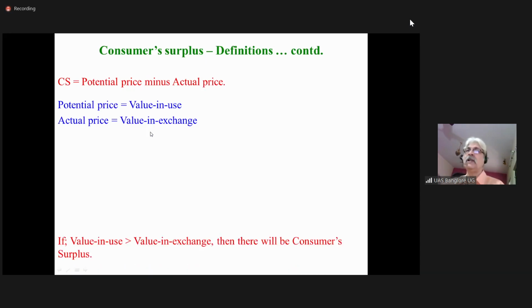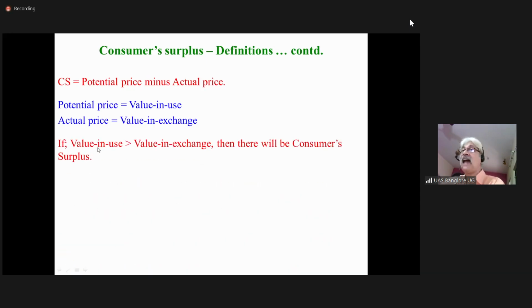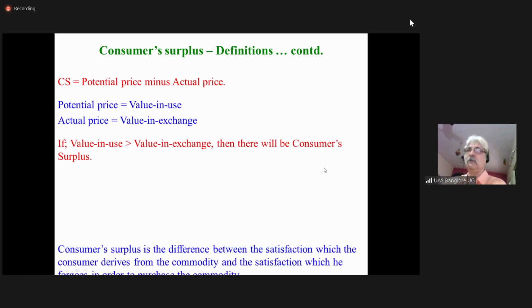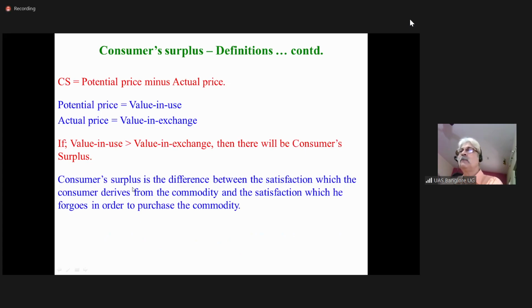So if value in use, that is potential price, is greater than value in exchange, actual price, then there will be consumer surplus. Consumer surplus is the difference between the satisfaction which the consumer derives from the commodity and the satisfaction which he forgoes in order to purchase the commodity. That's what I explained at the beginning.